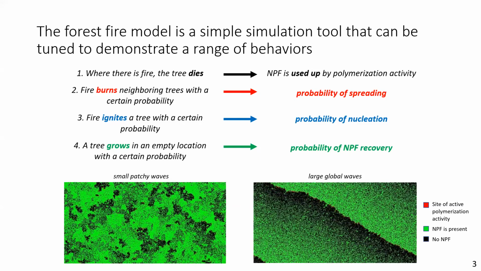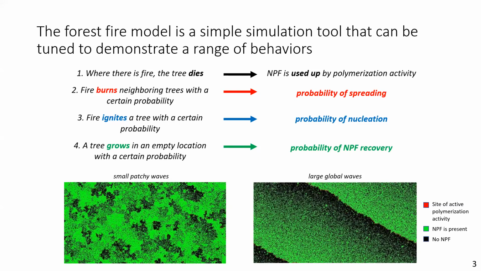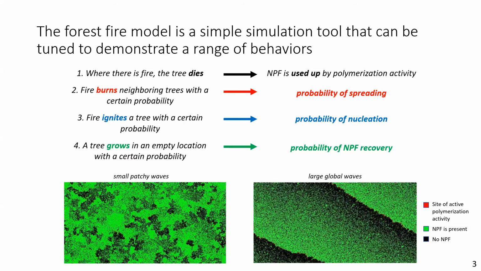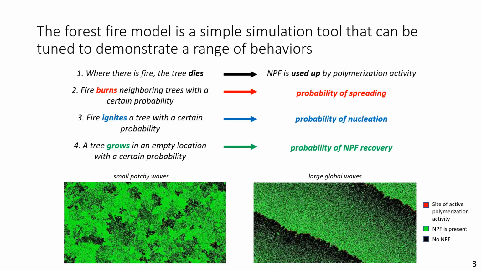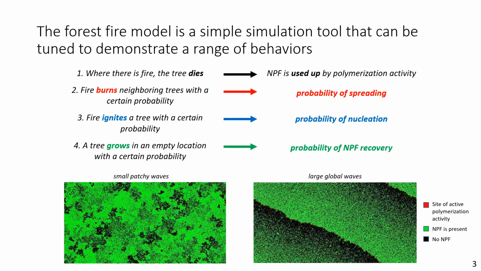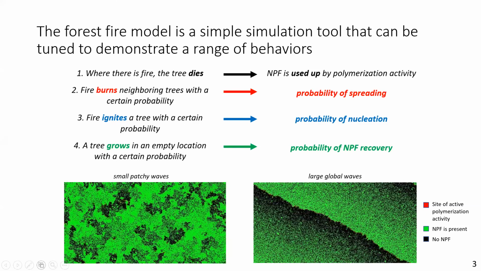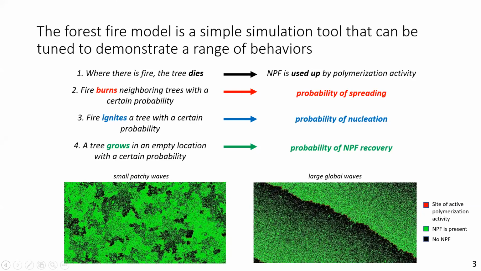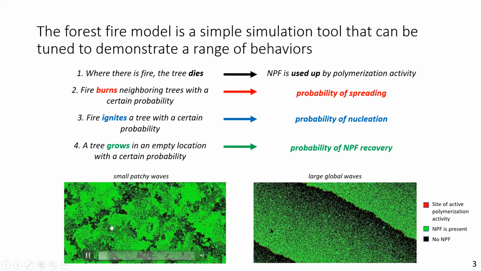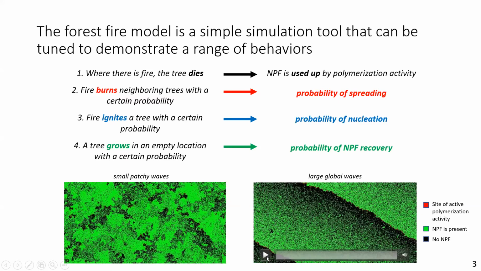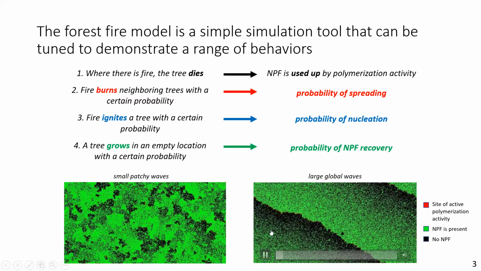This model is governed by a few simple tenets that I can interpret in the language of cytoskeletal activity, and these give me my simple parameters that I can adjust in specific ways, and different combinations of these parameters can give me these small patchy waves that are quite confined, or these large global waves that really take over the simulation space.